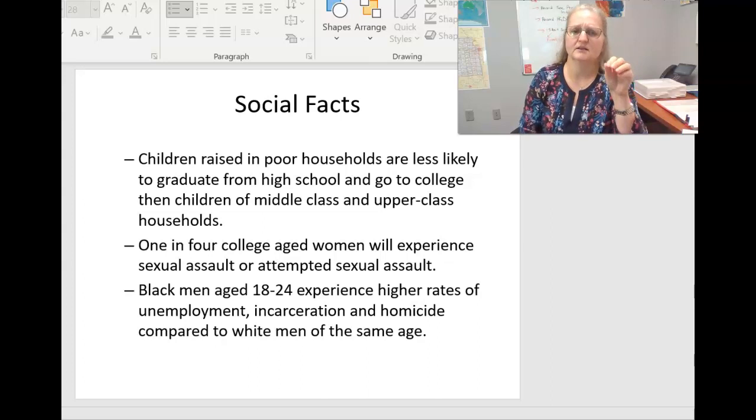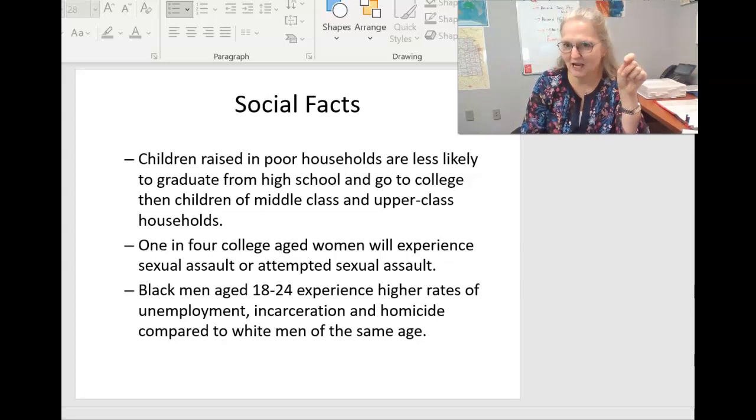And the third one is that Black men ages 18 to 24 experience higher rates of unemployment, incarceration, and homicide compared to white men. Again, just a social fact, just what the data says. When we count homicide, unemployment, and incarceration among Black men and white men, this is what the data tells us. What does that have to do with power?